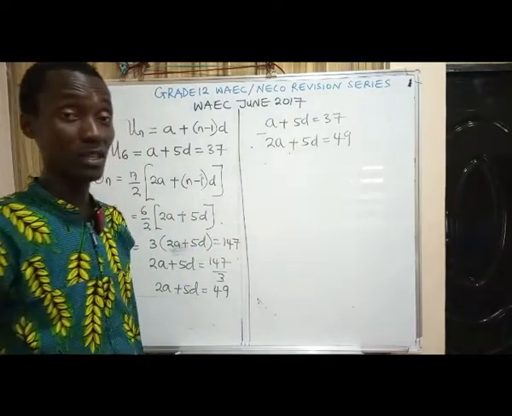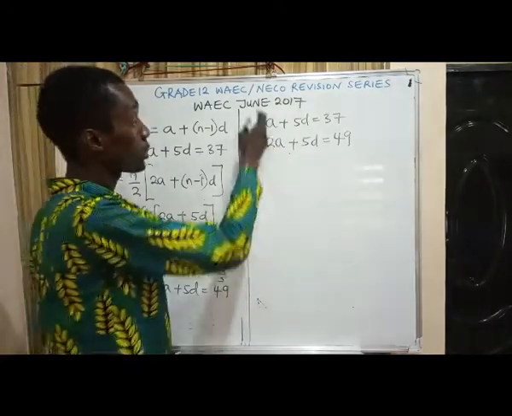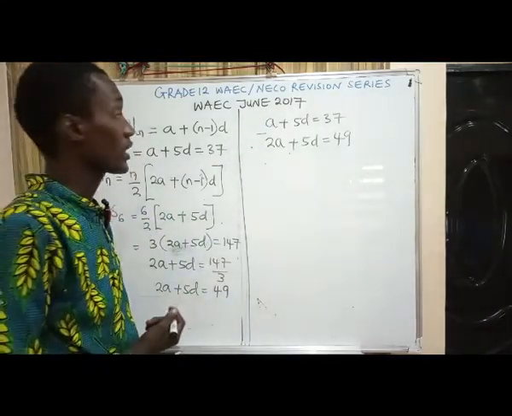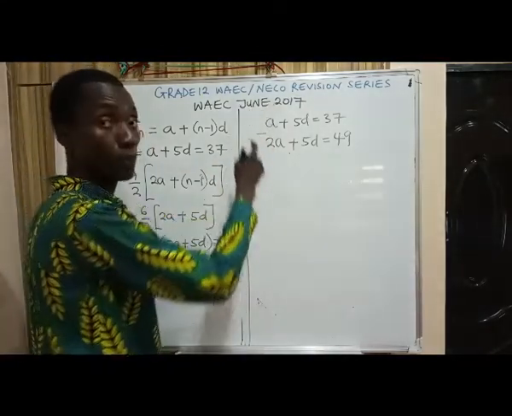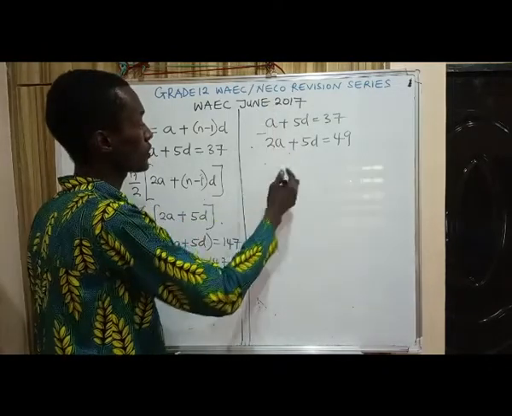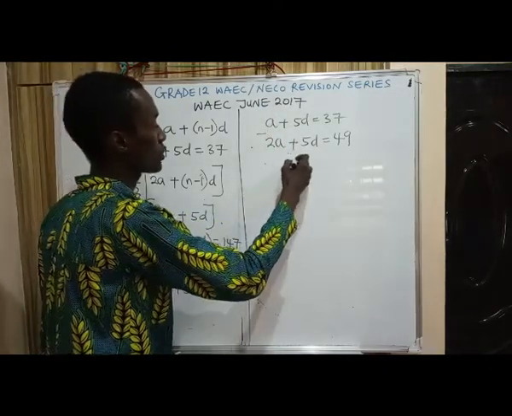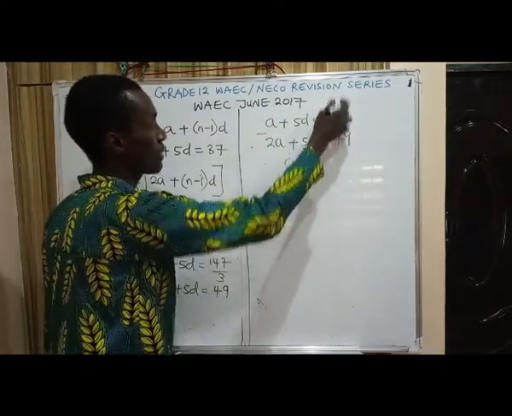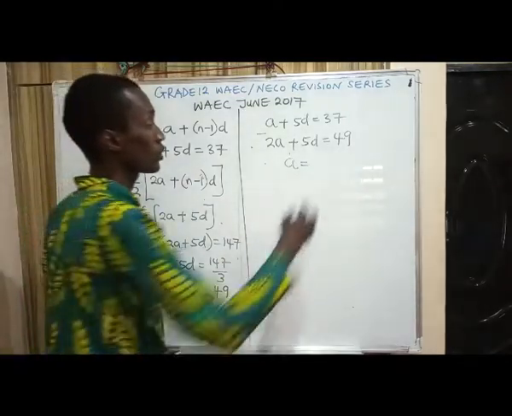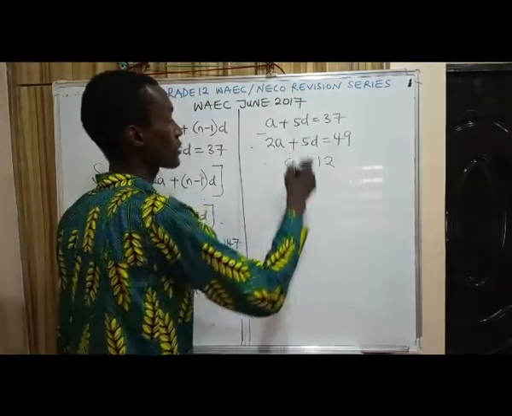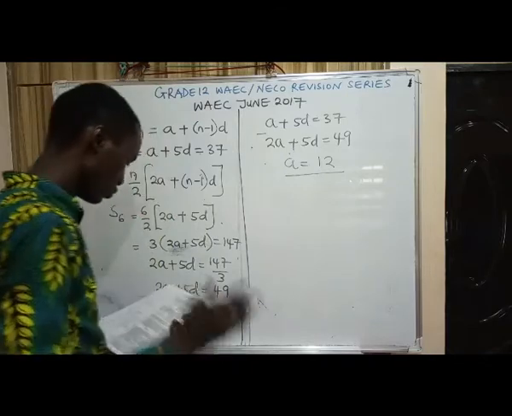But that's not necessarily the rule. You can do from bottom to top. So I'm going to do bottom to top. So 2a minus a will give me a, equal to 49 minus 37, which will give me 12. So a is equal to 12.